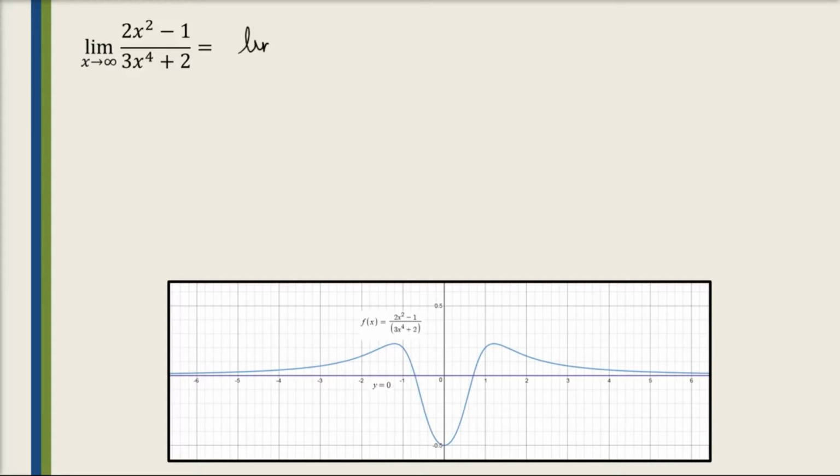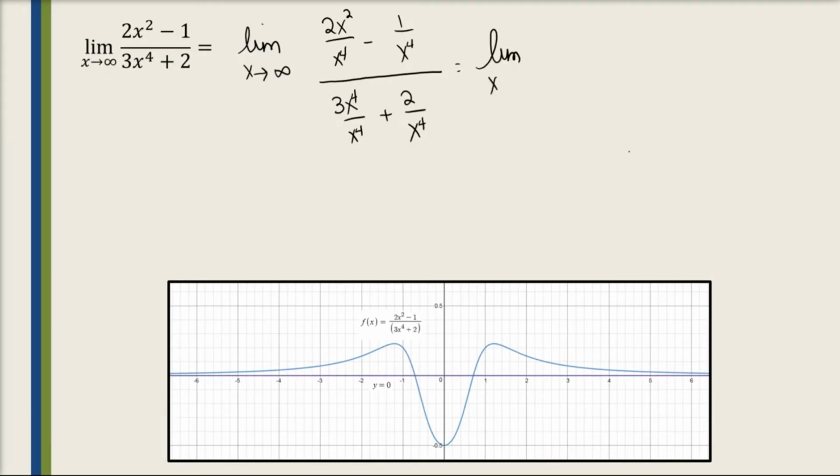So we'll have the limit as x approaches infinity of 2x squared over x to the 4th minus 1 over x to the 4th, over 3x to the 4th over x to the 4th plus 2 over x to the 4th, which will simplify a little bit to the limit as x approaches infinity of 2 over x squared minus 1 over x to the 4th, over 3 plus 2 over x to the 4th.